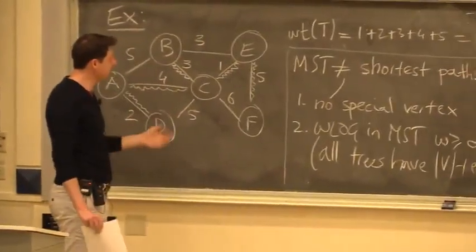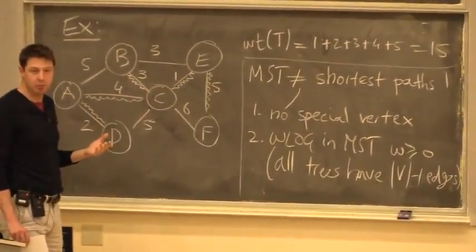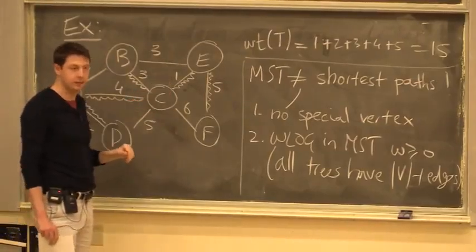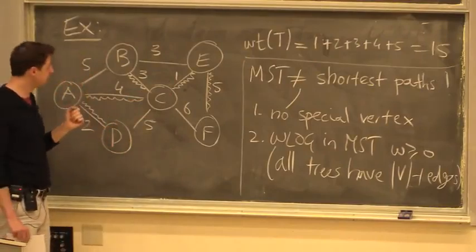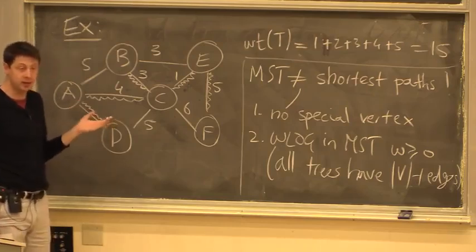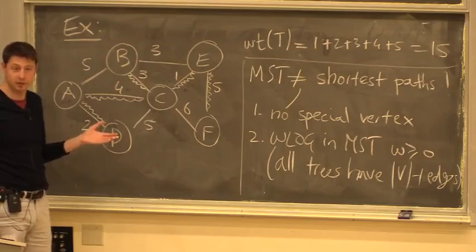So really, this claim says that it suffices to pick any cut that is not crossed by X, okay? And then pick the cheapest edge crossing it. And we throw it in the bag, and we keep repeating this, okay? And at the end, we're done, okay?